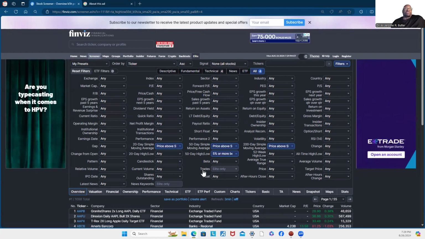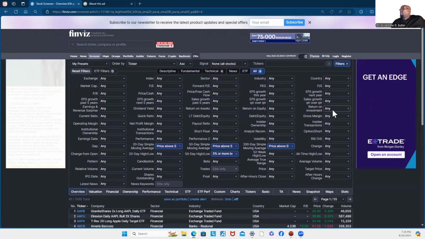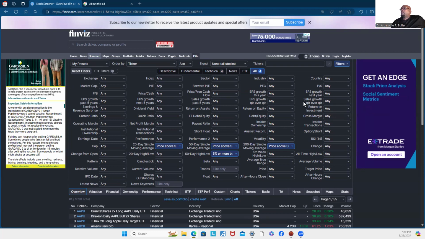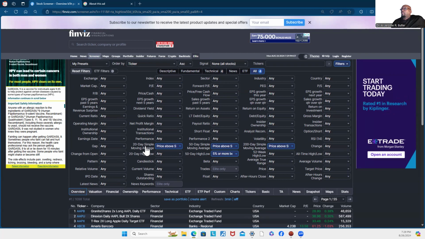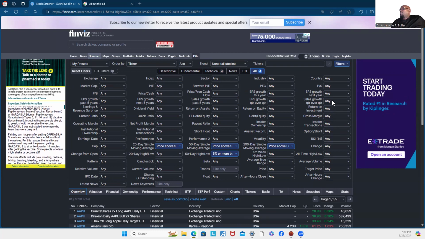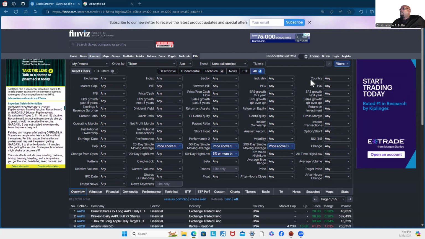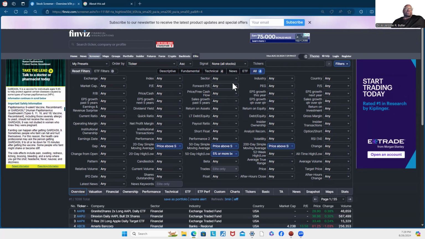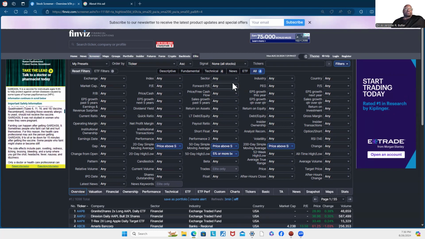Then we're going to have return of equity, return of investment, revenue. It's been a while since I've used this one. Your next one's going to be return of equity, and we're going over 20.